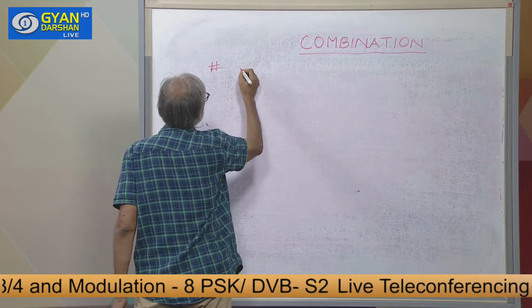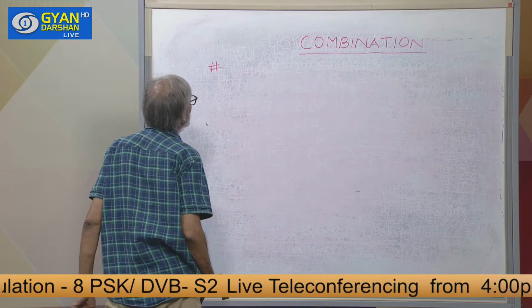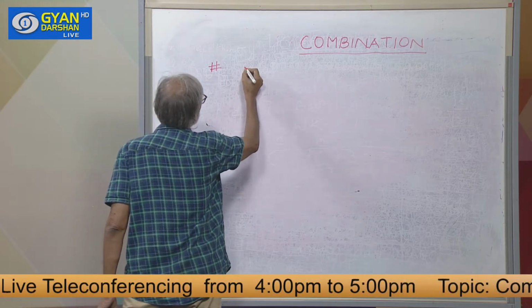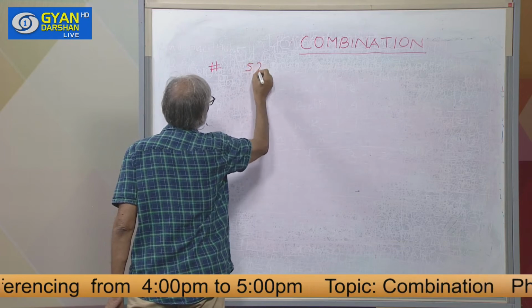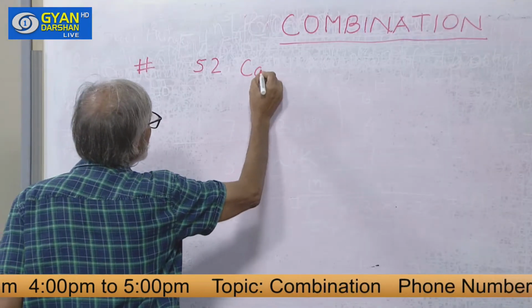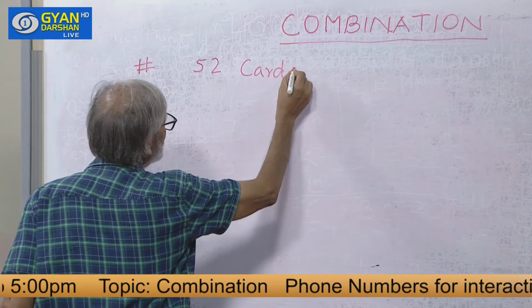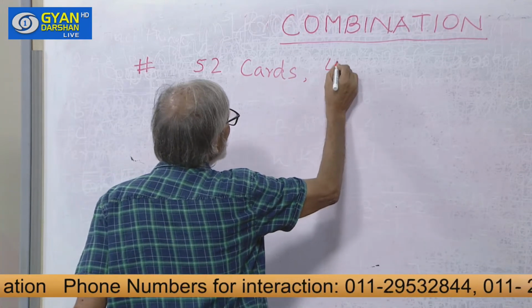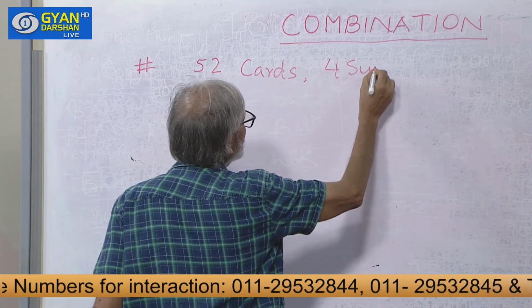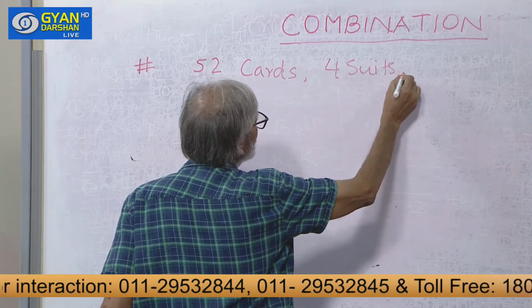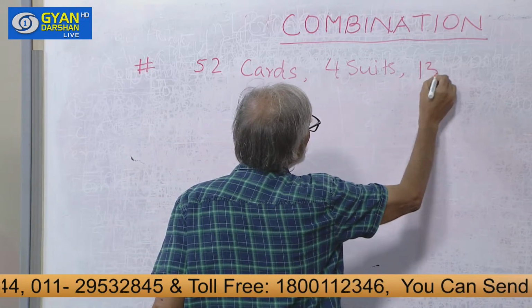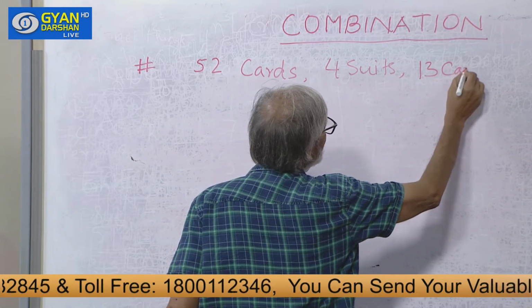Say in a playing card game, there are 52 cards, you know, and 4 suits are there, and in each suit 13 cards are there.